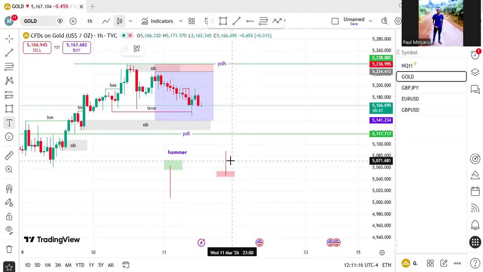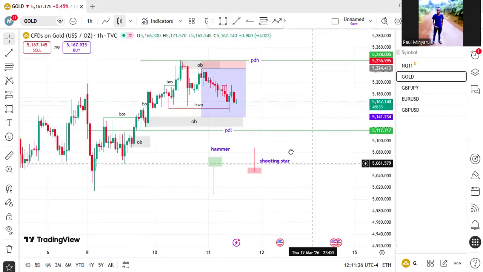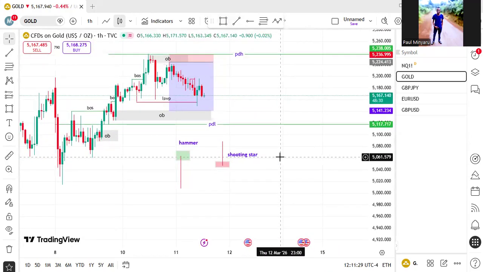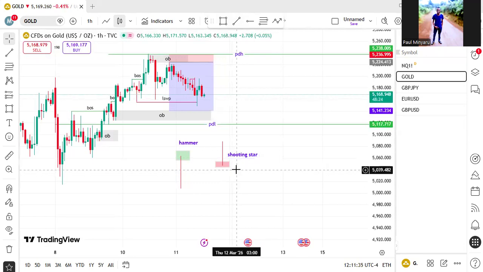If this shooting star occurs in an uptrend, it signifies that price is reversing from an uptrend to a downtrend. So we shall expect more short positions actually. So what will happen if this shooting star occurs in what we call a support zone or a demand zone, or in an order block, or a fair value gap according to your entry criteria?